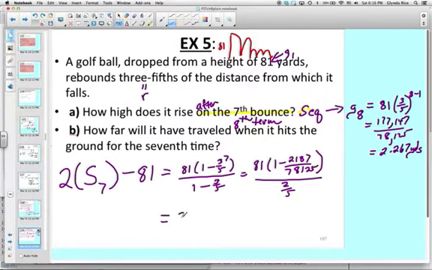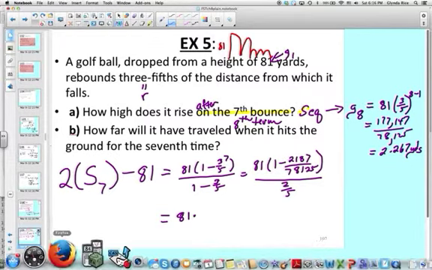So we have 81 times 78,125 over 78,125 minus 2,187 over 78,125. So I subtract the numerators. I might as well just use the calculator here.